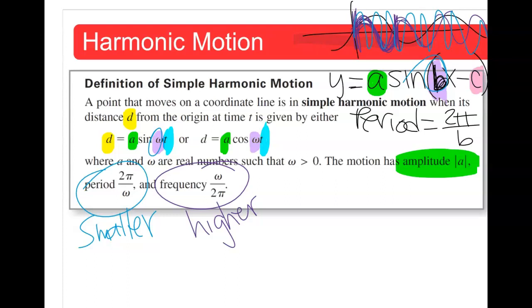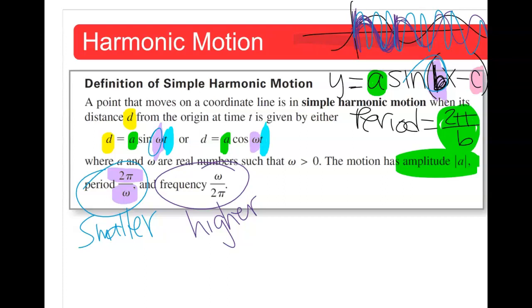So just like we did in section 4.5, we used 2 pi divided by b. We're going to do the same thing here to find the period, 2 pi divided by omega, which is the constant that will be multiplying t. Well, when we're talking about harmonic motion, we're not really going to get that constant. We might have to actually find it.